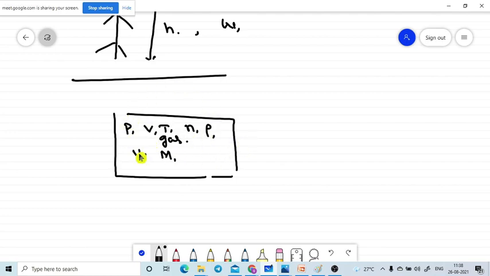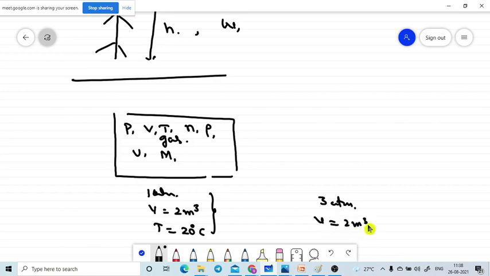To explain one system, let's assume the pressure of the gas is 1 atmosphere, the volume of the gas is 2 cubic meters, and the temperature of the gas is room temperature, 20 degrees Celsius. That is one type of system. In another system, the pressure of the gas is 3 atmospheres, the volume is 2 cubic meters, and the temperature is 20 degrees Celsius.